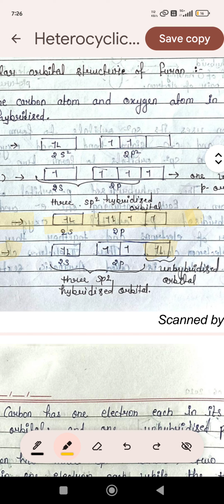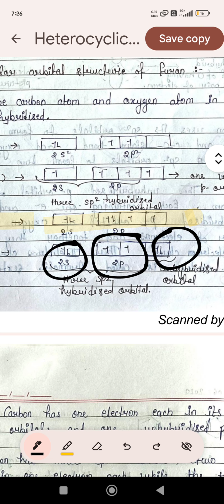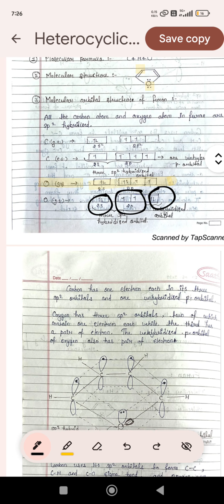So 1 s orbital and 2 p orbitals overlap to form 3 sp2 hybridized orbitals, in which the s orbital has a paired electron, the p orbitals have unpaired single electrons, and one unhybridized p orbital has a paired electron. So this is the specificity of the electrons in the orbitals.